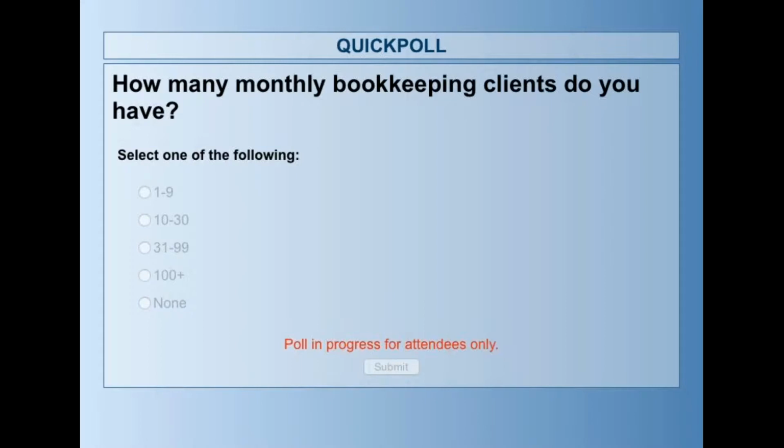That's pretty good. Okay, so we're at 75. I think we can get over 90%. Even split though, really interesting to see. Okay, we'll give everyone 2 more seconds to complete that poll, and we're going to close it.